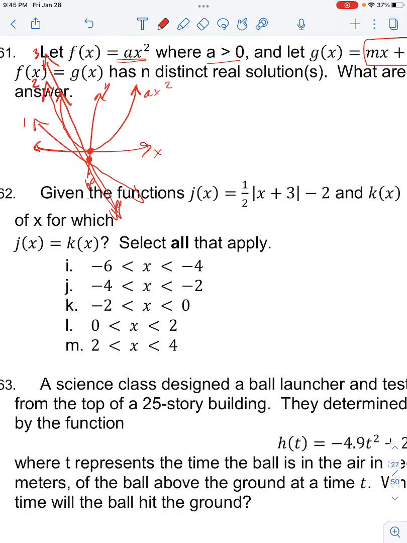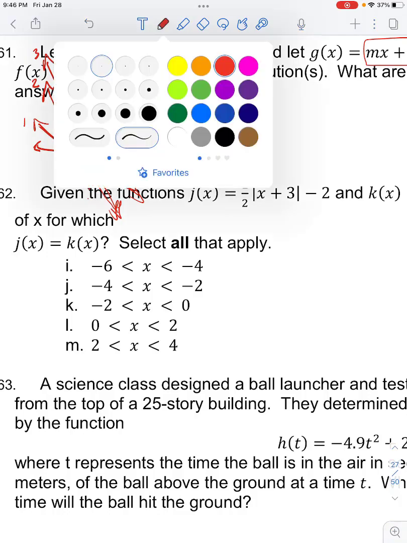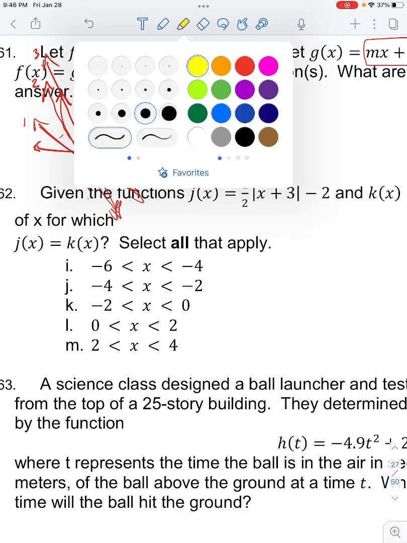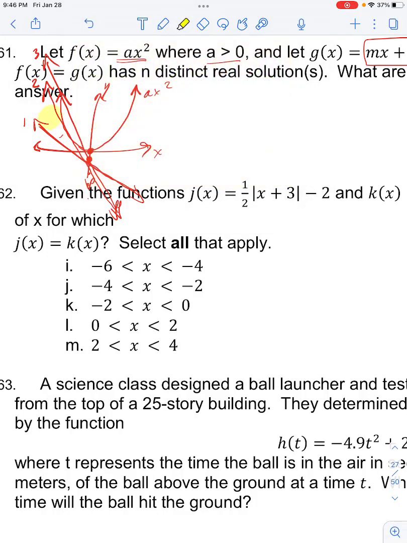This first one doesn't even have a solution with the quadratic equation. They don't touch. There's always this separation between them. There's always this amount of space in between, and they will never have a solution.